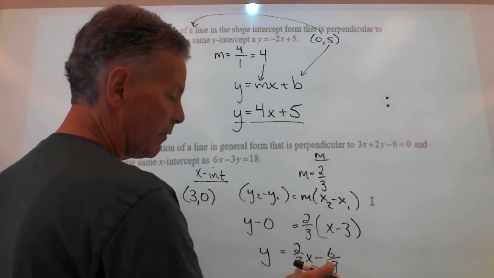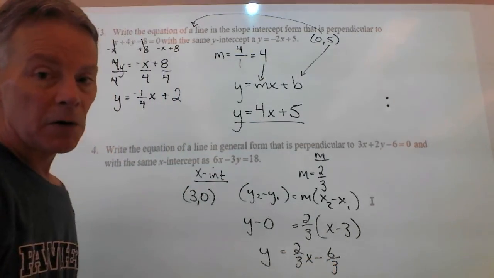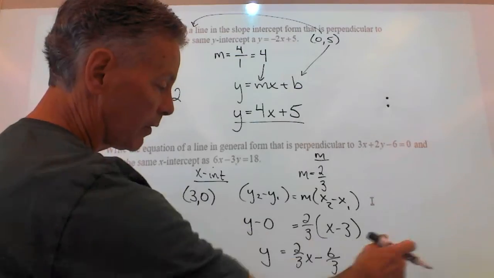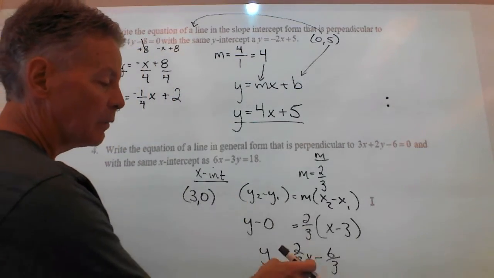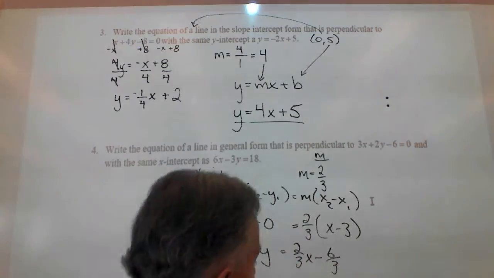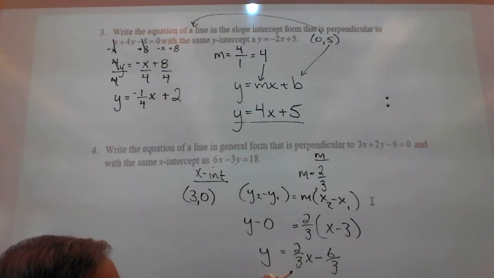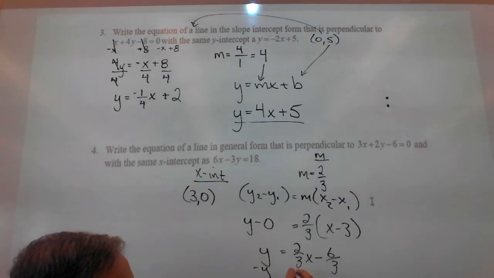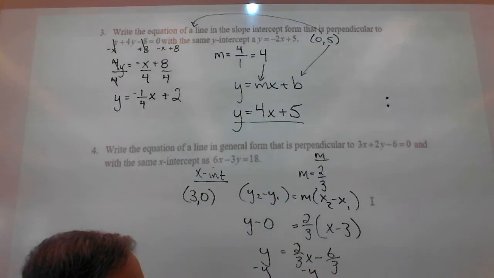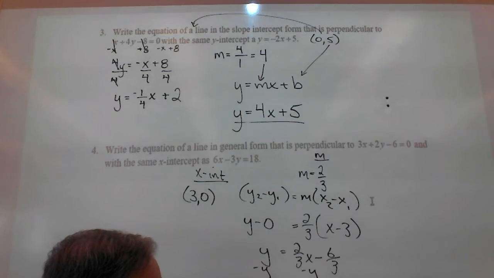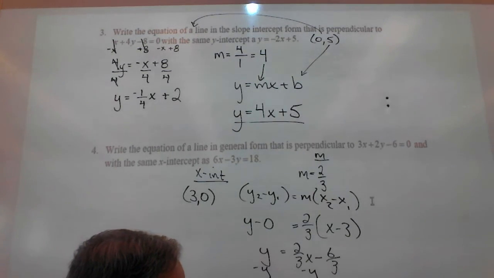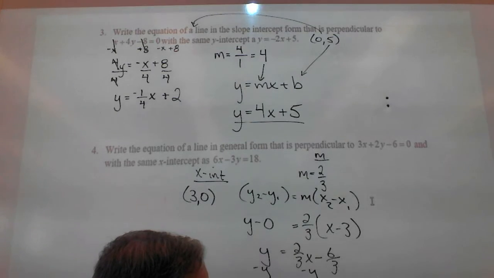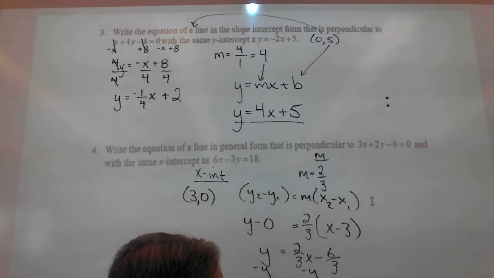Now, if we want to put this in general form, remember we have to move everything over to the right side, and then we have to deal with these fractions. So let's move this y over here. We take away y from both sides, and that gives us 0 equals 2/3 x minus y. And we'll simplify this. 6 divided by 3 is just 2.